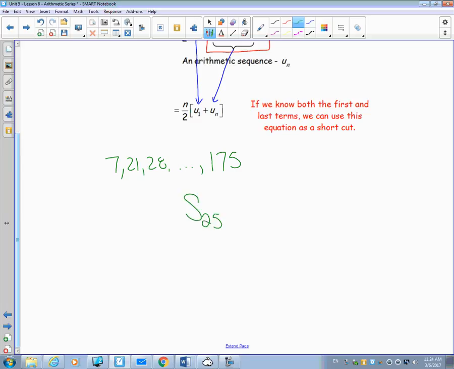So if I want to do S25, I can do it really quickly by doing 25 over 2 times u1 plus un. In other words, 12.5 times 182, which I put into my calculator, and I get 2275. It's just faster if we know the first term and the last term. And the key there is you have to know the last term.